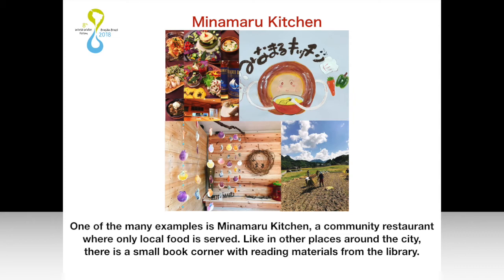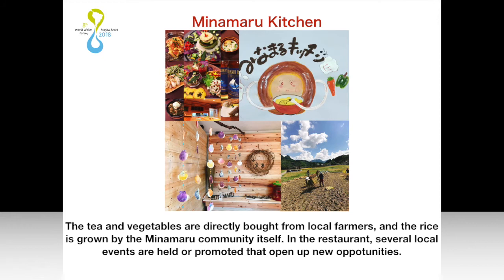Like in other places around the city, there is a small book corner with reading materials from the library. The tea and vegetables are directly bought from local farmers, and the rice is grown by the Minamu community itself. In the restaurant, several local events are held or promoted that open up new opportunities.